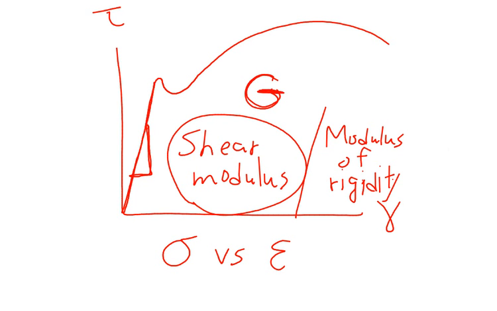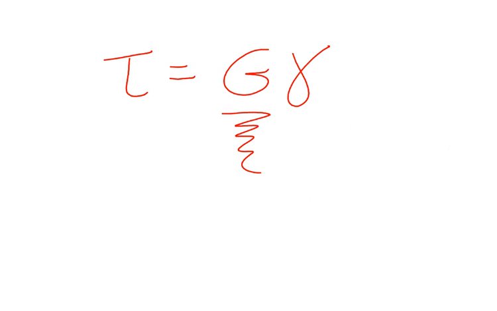And that linear portion of your plot is Hooke's law in shear. Hooke's law in shear is simply tau is equal to G gamma. So G, your shear modulus or modulus of rigidity, is again a material property, and it's listed in your material properties tables.